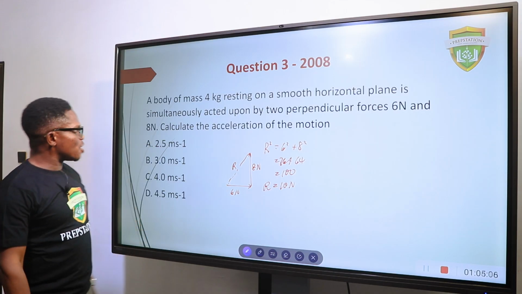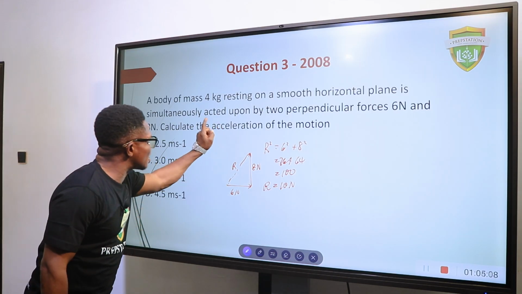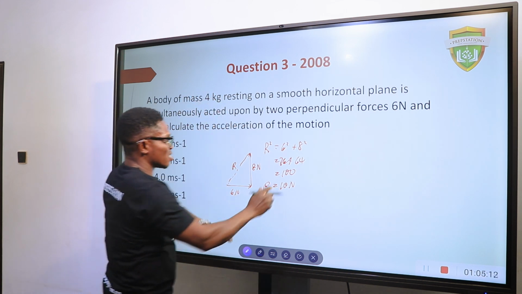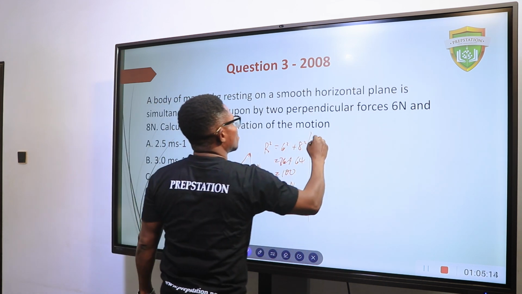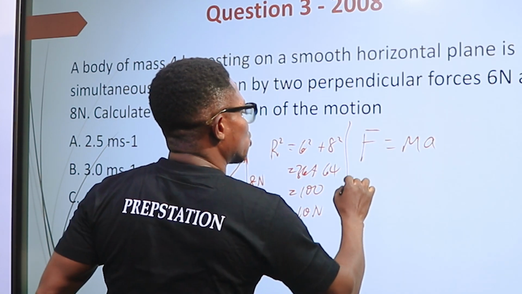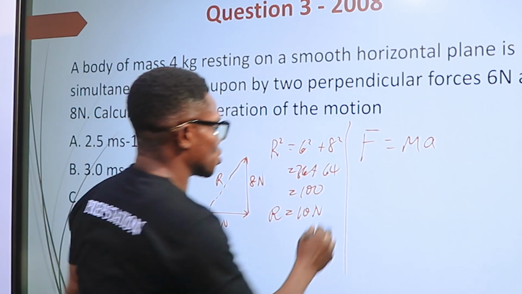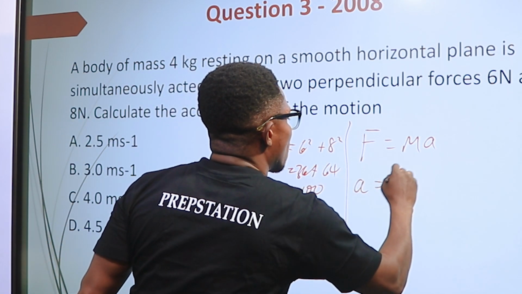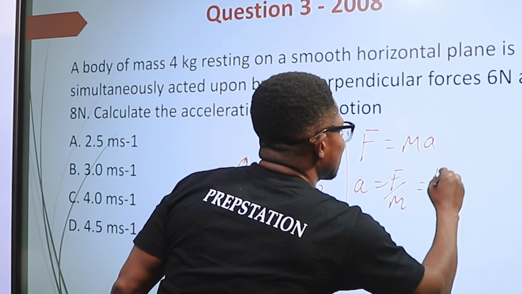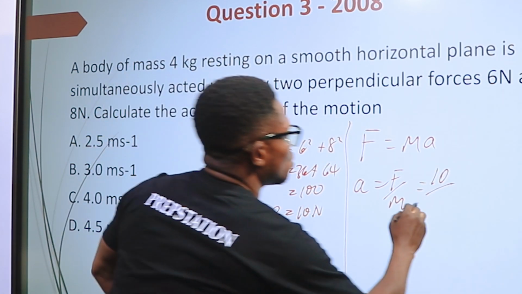So if R is 10 Newton as the resultant force, what is the acceleration? At this point, we go back to Newton's second law, which simply says force equals what? Mass times acceleration. So if you make acceleration the subject of the formula, then you have F over m. The resultant force is 10 over the mass, which is 4.